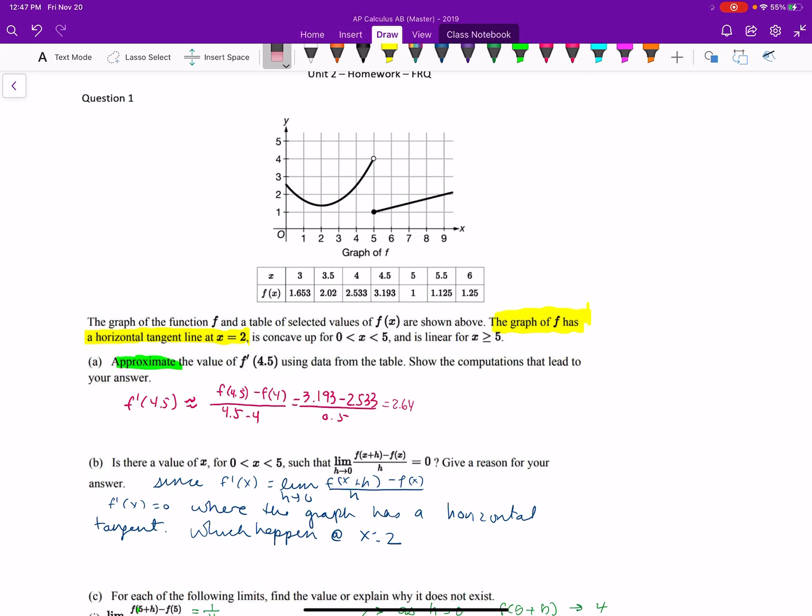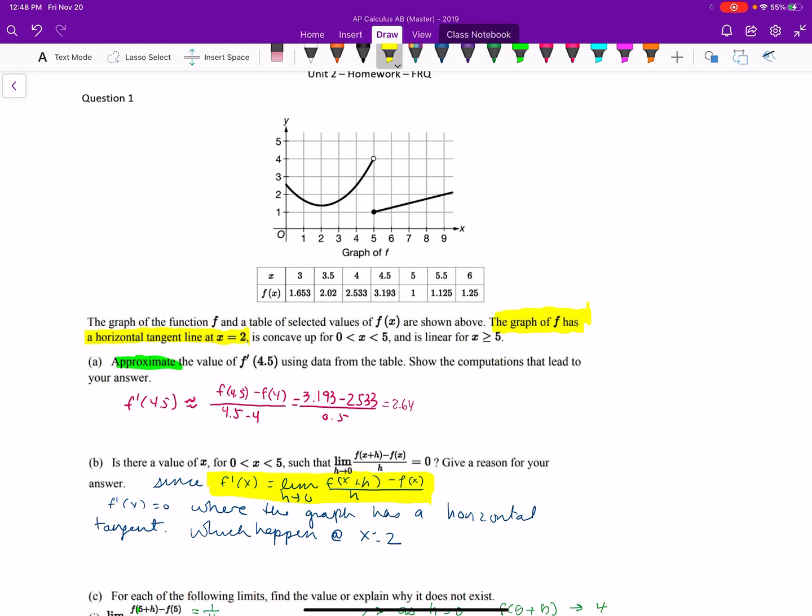So we're going to write here f prime of x is equal to 0, since f prime of x is 0 where the graph has a horizontal tangent. That's the slope of the tangent line, and we're told in the directions that this happens at x equals 2.